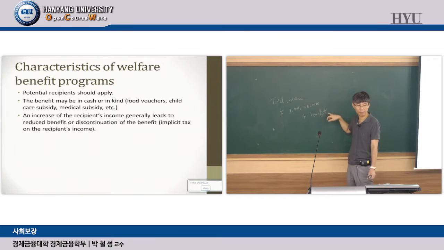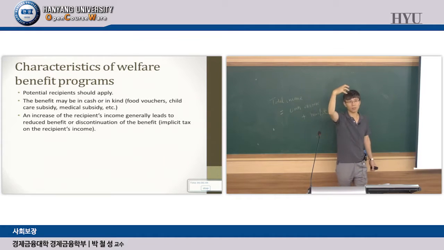So that means that, for example, if you earn $10 more, your income would not go up by $10. Why? Because your own income goes up by $10, but let's say your benefit will go down by $5. So in total, your total income goes up by only $5. You earned $10, but your income goes up by only $5. Then who gets the other $5? Where has it gone?